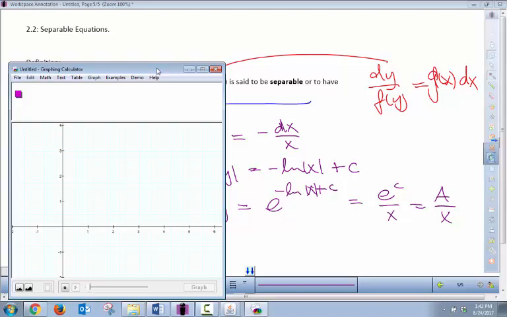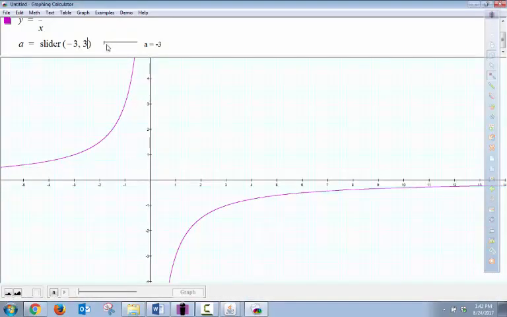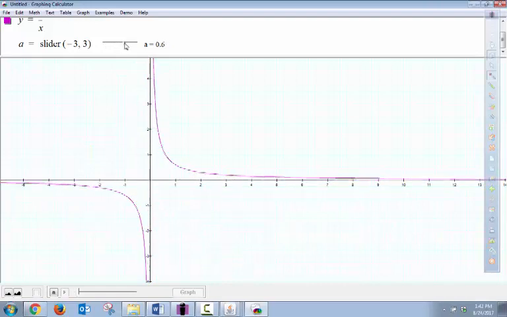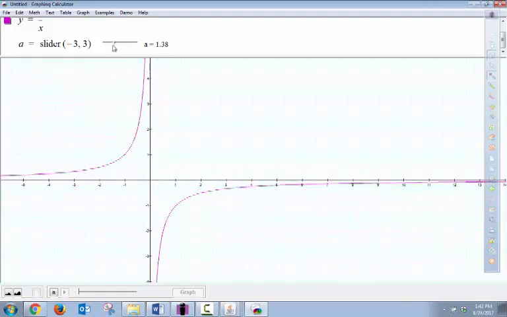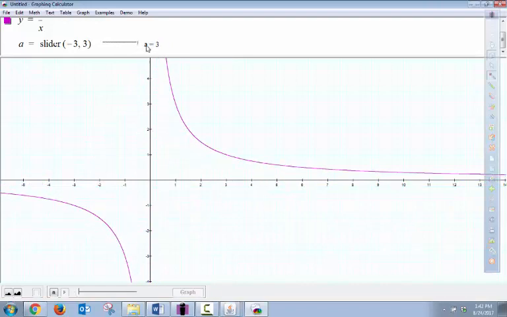I have another program here that graphs things rather quickly for me, so I'm going to use that. So the family of curves are all these curves that can be represented by different values of c.